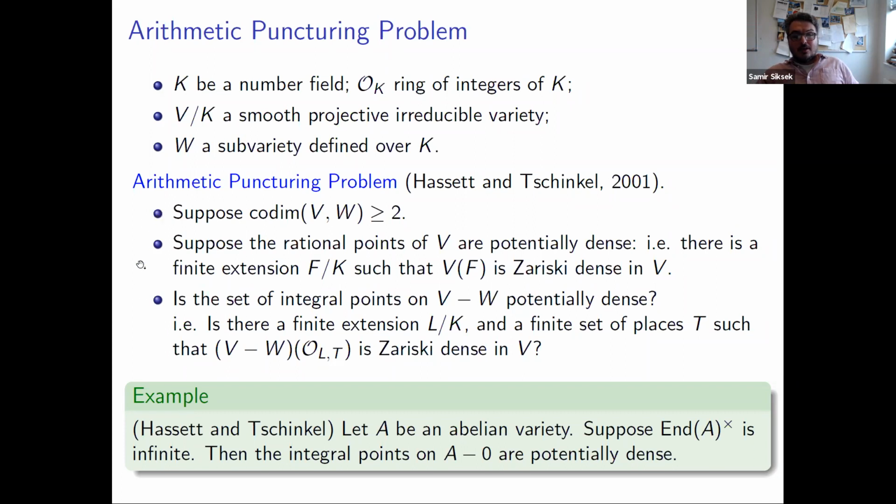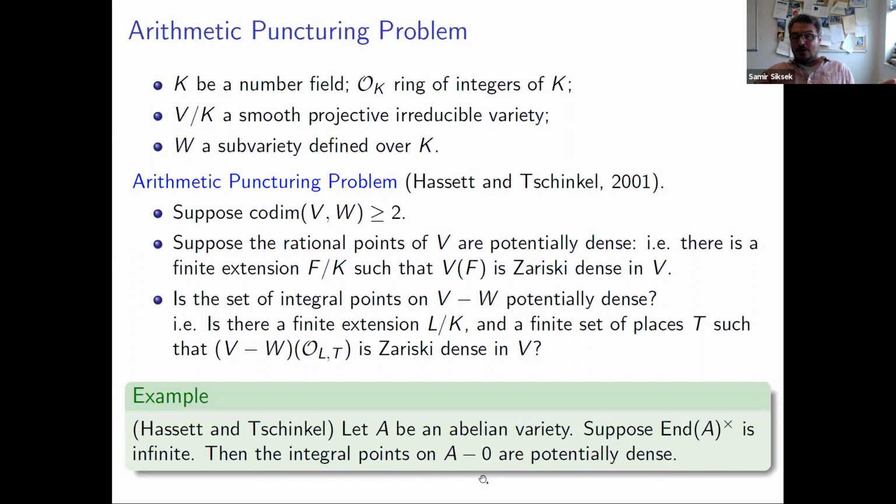All right, so here's an example in the paper of Hassett and Tschinkel, which is that you take an abelian variety A, and you suppose that the endomorphism ring of A has infinitely many units. So for example, you can take an abelian surface with real multiplication by Z[square root of 5], and in that ring you have infinitely many units. Then the integral points on the punctured abelian variety are potentially dense.